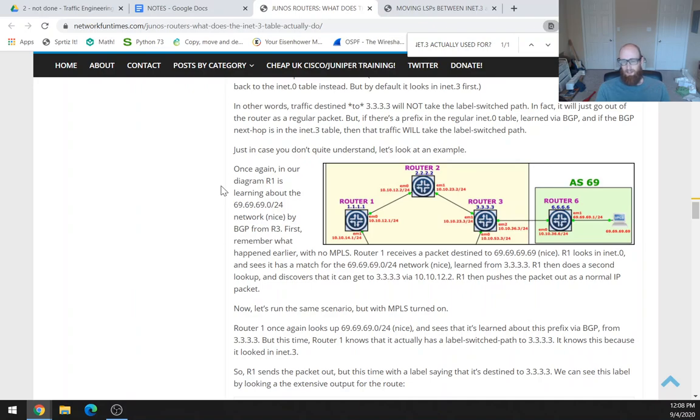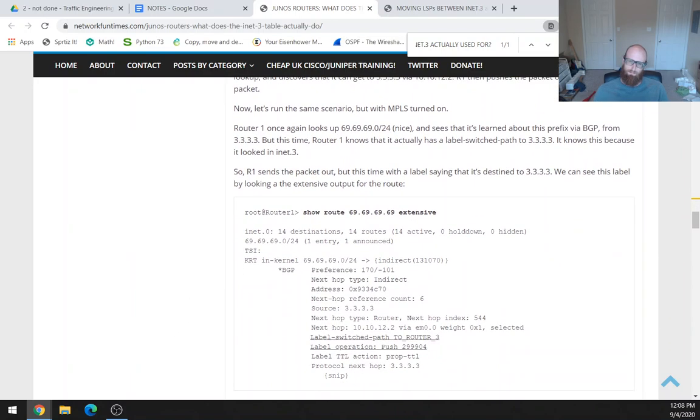R1 looks in inet.0 and sees it has a match for the 69.69.69.0/24 network, nice. Learned from 3.3.3.3. R1 then does a second lookup and discovers that it can get to 3.3.3.3 via 10.10.12.2. R1 then pushes the packet out as a normal IP packet.